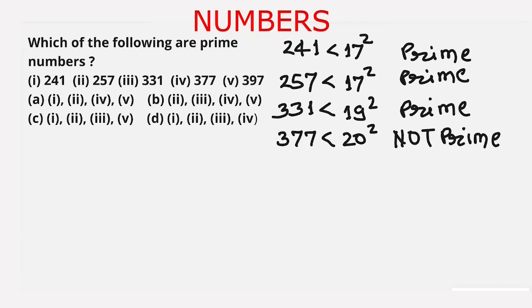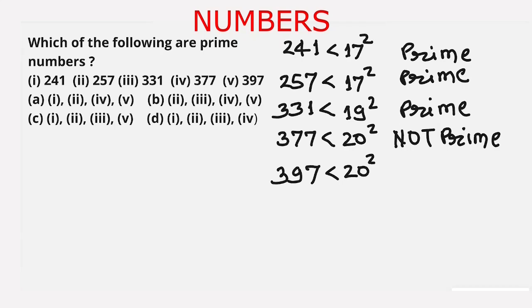Now we verify the next number 397. This is also less than 20 square. So we verify the divisibility by all prime numbers which are less than 20. This is not divisible by 2. The sum of the digits is 19 which is not divisible by 3. So it is not divisible by 3.